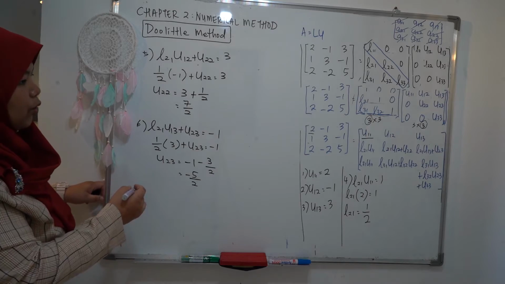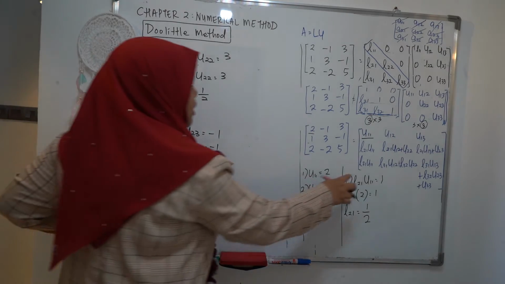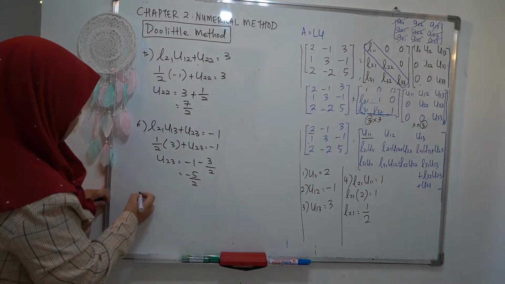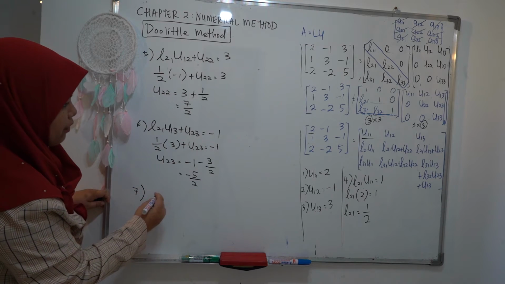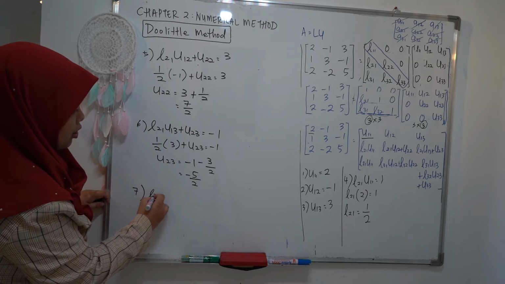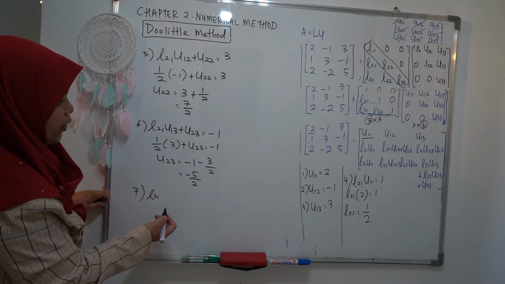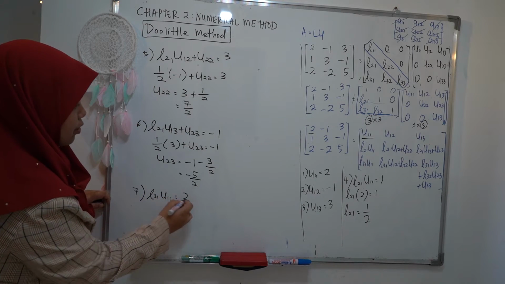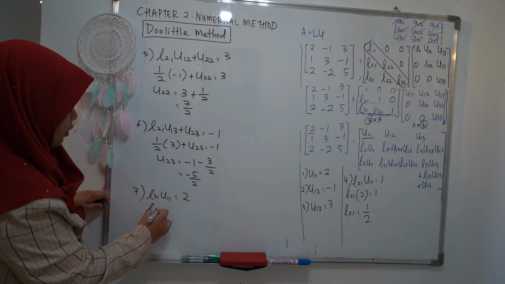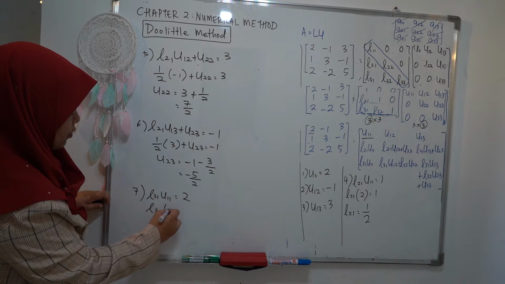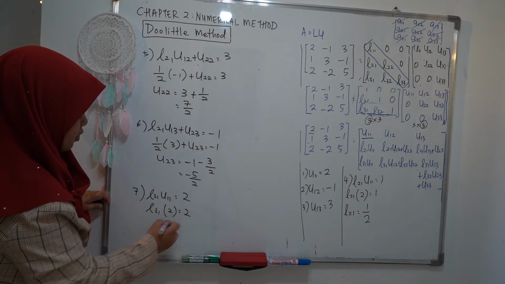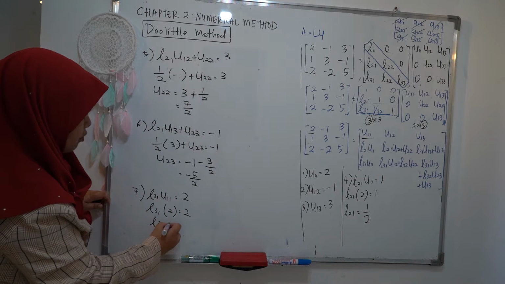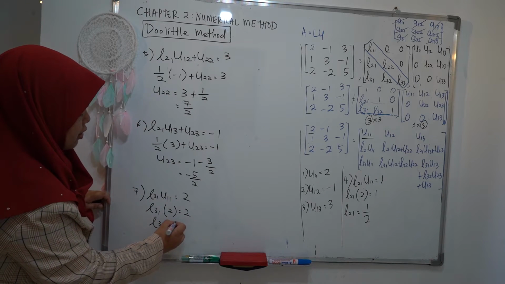Okay, so we repeat all the steps, number 7, 8 and 9. So number 7, L31 U11 equal to 2. So L31 equal to 2/2 is 1.